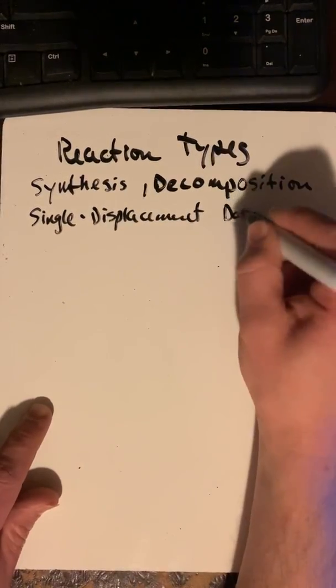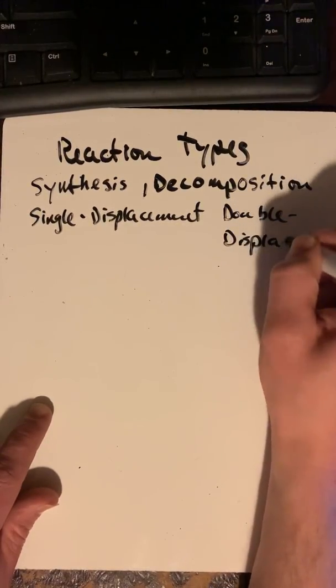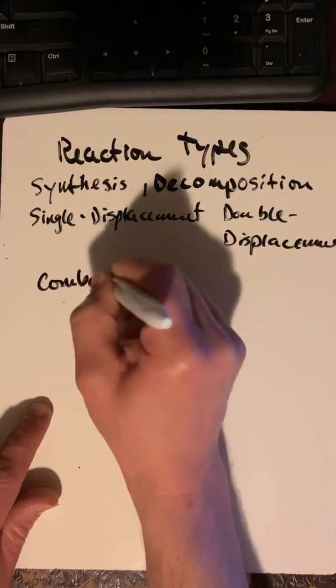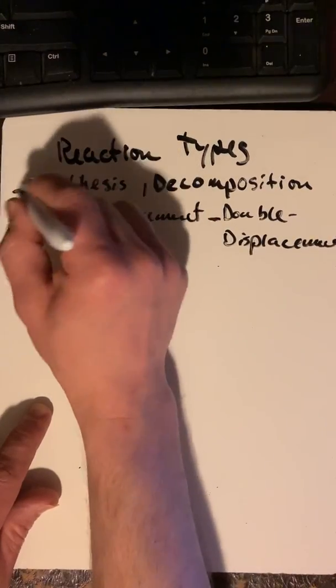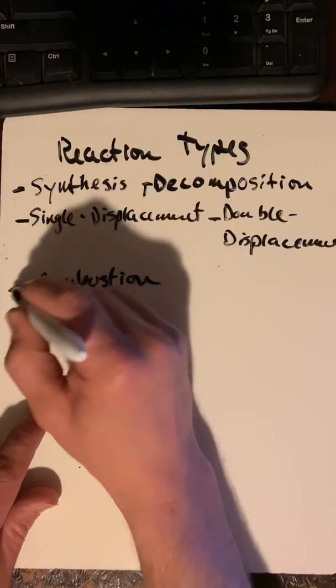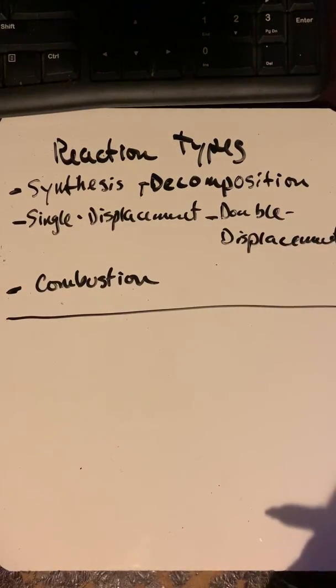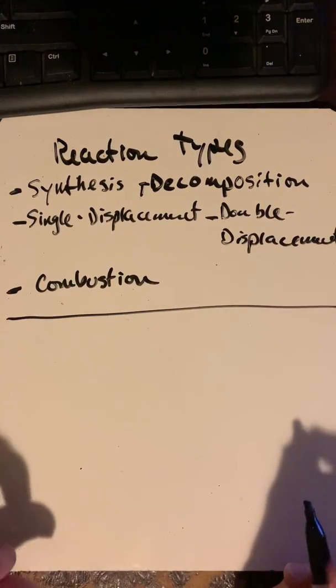Double displacement. And combustion. So we should be able to tell which of these our reaction is by looking at what the reactants and products are. Okay, so what does a synthesis reaction look like?